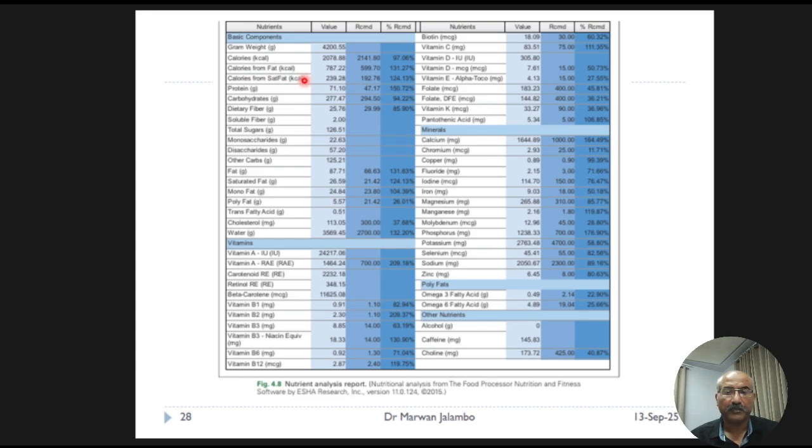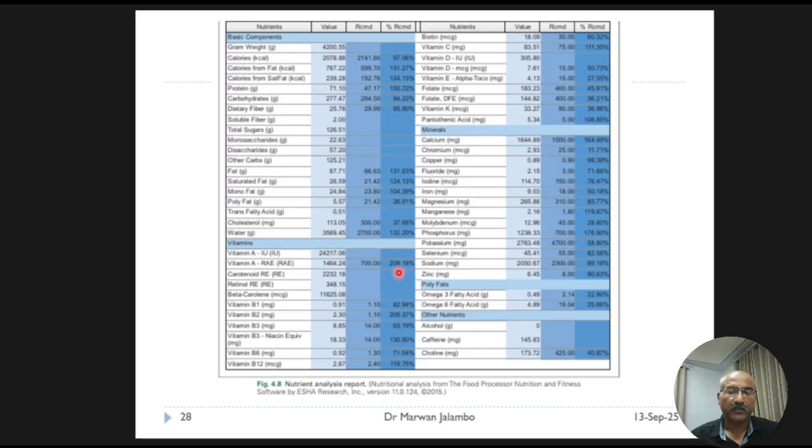For each nutrient there are three key column values. Here is the client's actual intake of the diet, and RCMD is the recommended amount based on the dietary reference intake for that person's age and gender. And the most useful column is often the percentage of RCMD, which instantly shows you whether the intake is adequate, deficient or excessive.